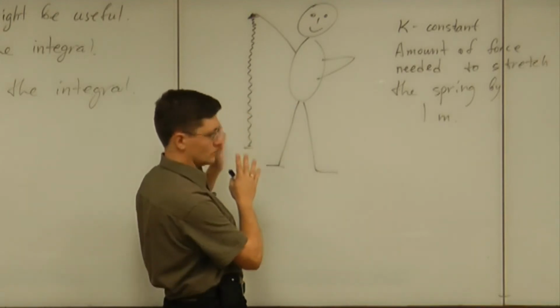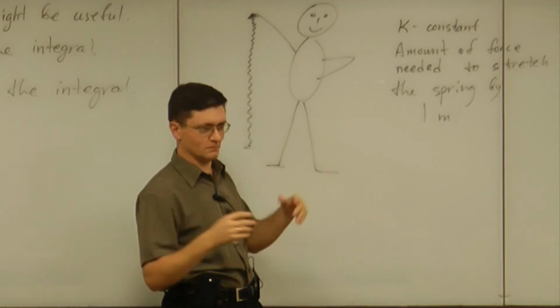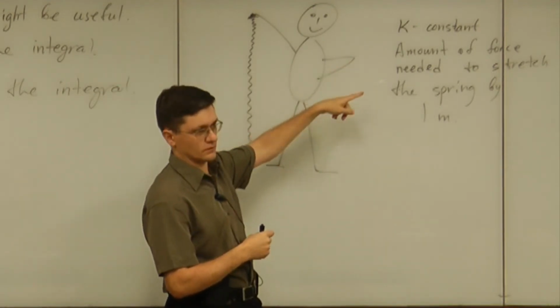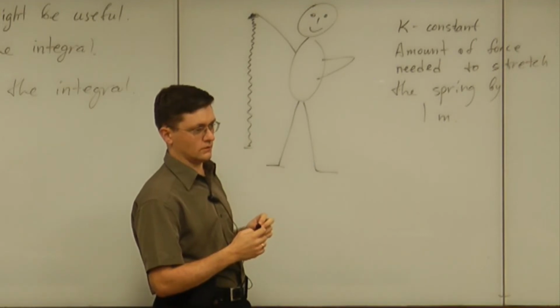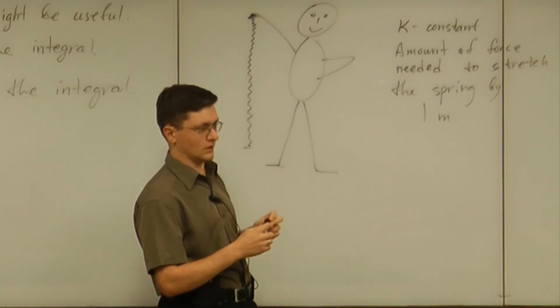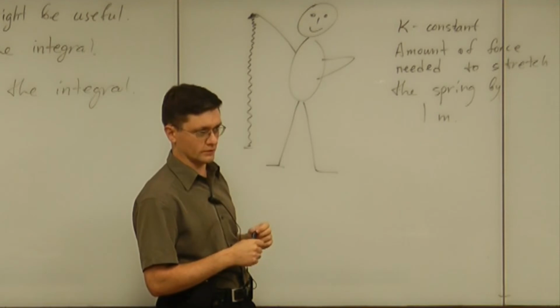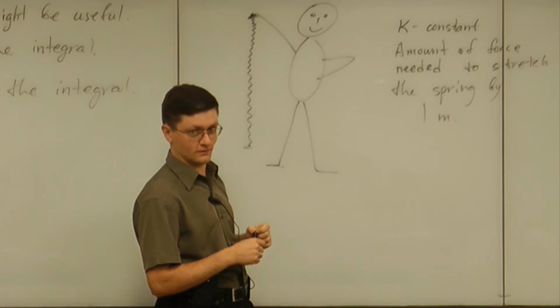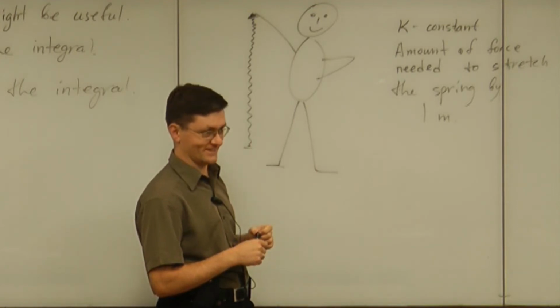Well, of course, we're talking about one spring, not about multitudes of springs. So, for one spring, is that really a constant? The amount of force needed to stretch it by 1 meter, to make it 1 meter longer. Really?